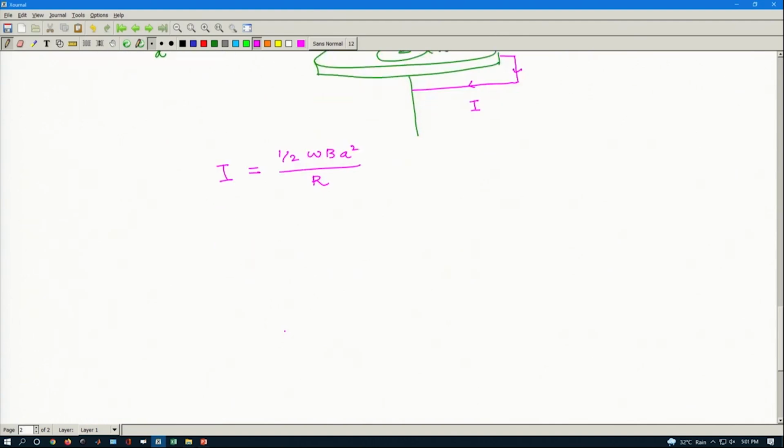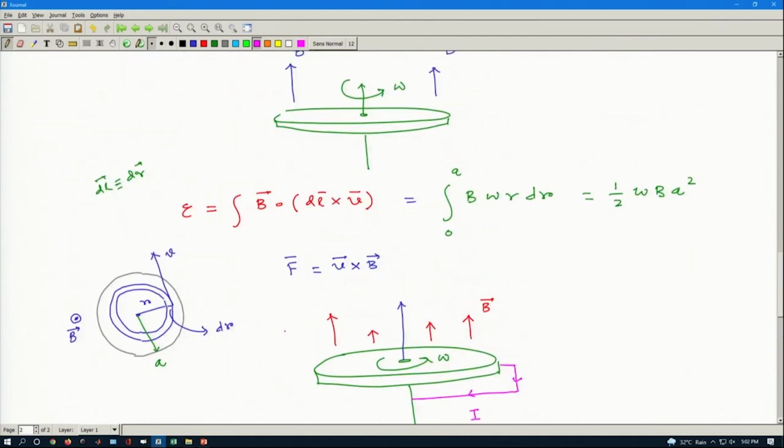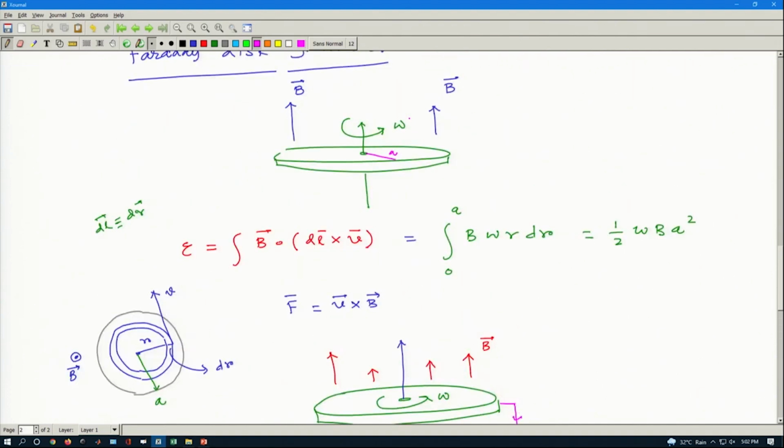If I want to increase the current, I can increase the radius of this disk, which is a, or I can increase the angular rotation, and under that environment we are able to generate some current.